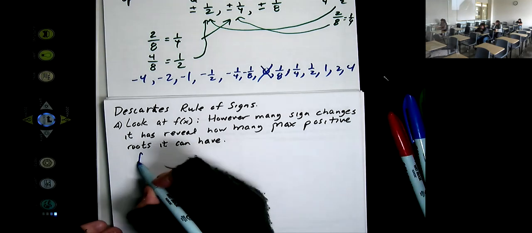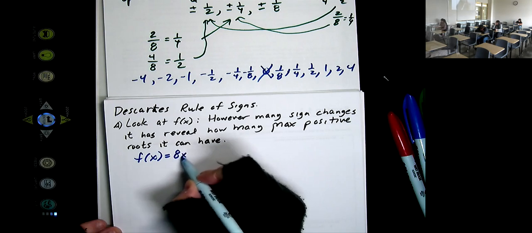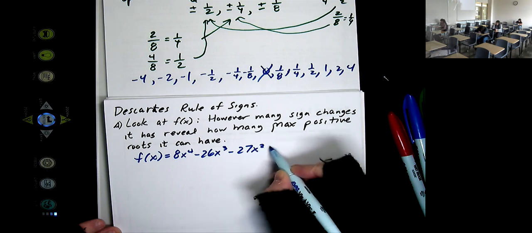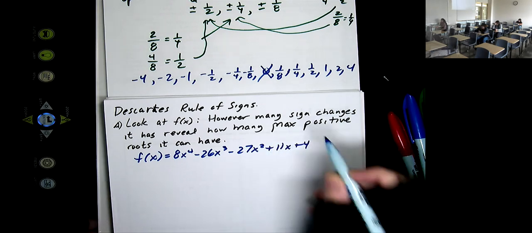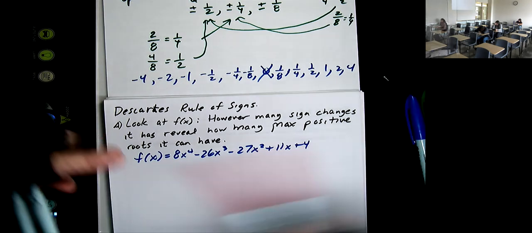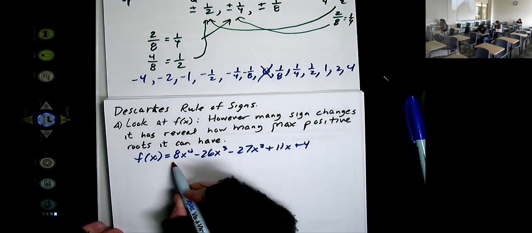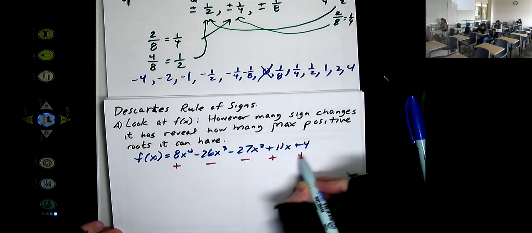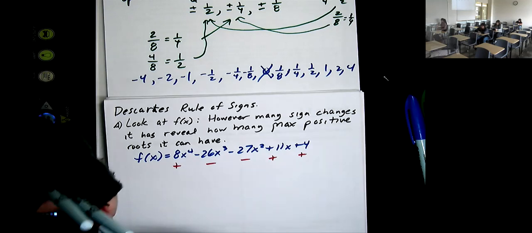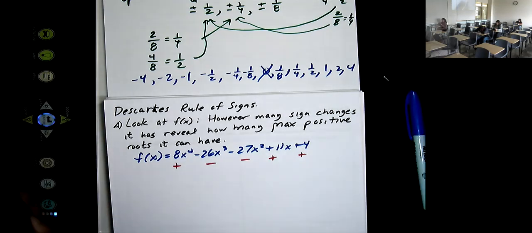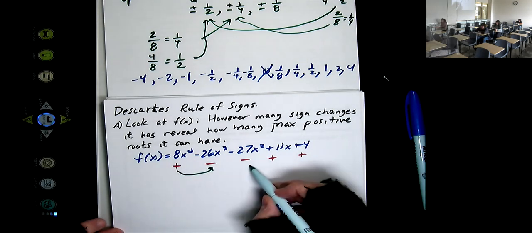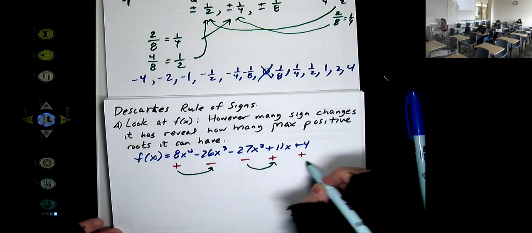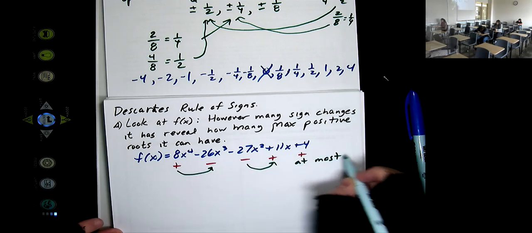So we had f of x equals 8x to the 4th minus 26x cubed minus 27x squared plus 11x plus 4. As I go from left to right, 8 is positive, this is negative, negative, positive, positive. We're just looking at the signs. This changes from positive to negative once, and then negative to positive once. So we have at most 2 positive roots.